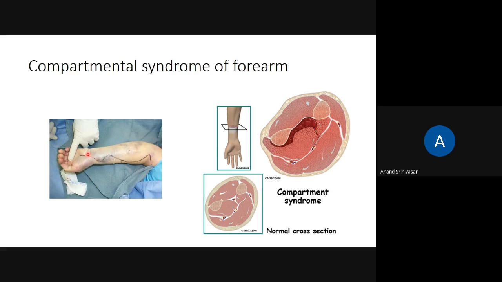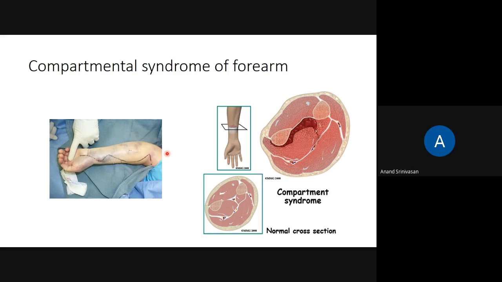So you need to remove the skin, superficial fascia, and make a deep cut in the deep fascia so that the pressure is released and further damage to the nerve is avoided.